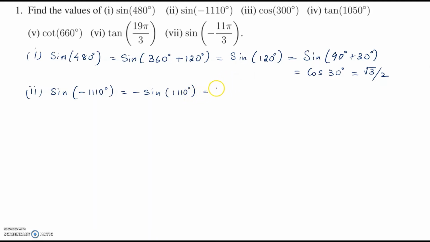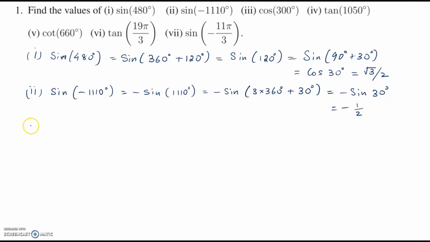So this will become minus sine of 3 times 360 degrees plus 30 degrees. You can eliminate the 360 three times and this becomes minus sine 30 degrees, which is equal to minus 1 by 2, and that's the answer for the second question.